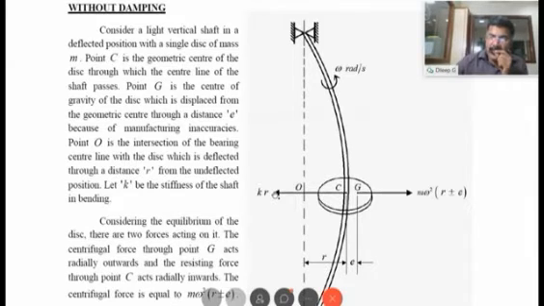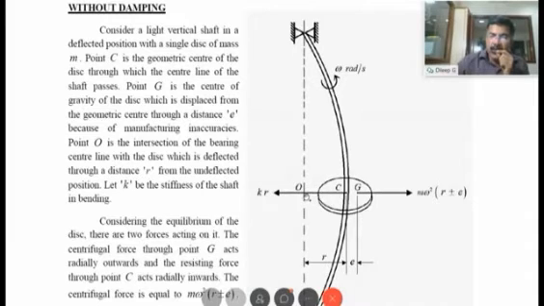The stiffness of the shaft in bending is nothing but the force required to be applied at the center of the shaft in the transverse direction in order to deflect the shaft by 1 millimeter at the center. Now, if you relieve that force, the shaft will come back to its original position. So it always acts opposite to the direction in which the force is applied.